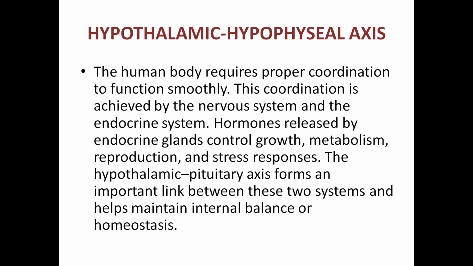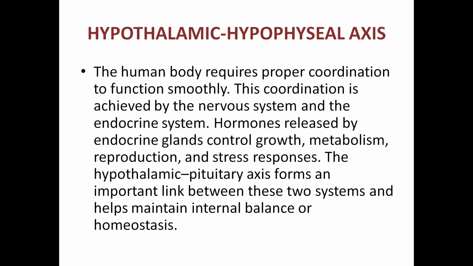Here we discuss how the hypothalamus controls the total endocrine system, and how the hypothalamic hypophyseal axis controls the total endocrine system secretions. Okay, so here you can see the hypothalamus mainly controls the pituitary gland secretions, then the pituitary gland controls the other endocrine gland secretions.